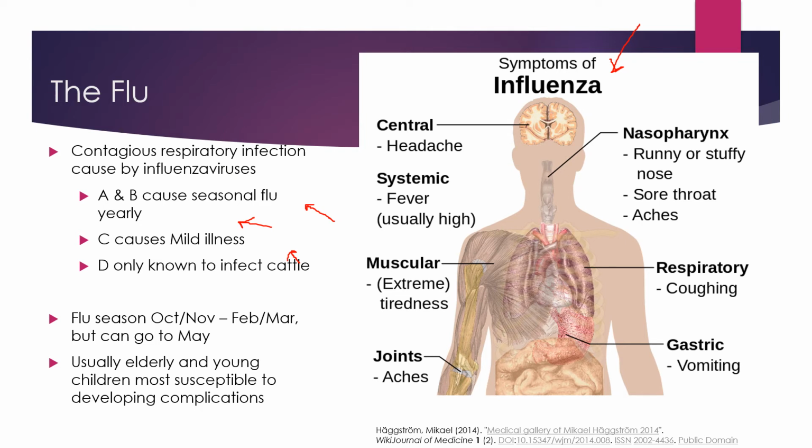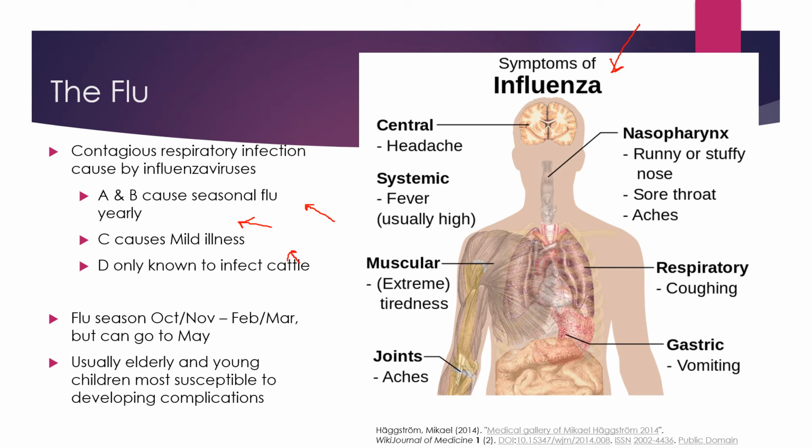Complications are more common in the elderly and young children. People who have other predisposing conditions may also be at risk. Everyone's best option for avoiding complications due to influenza virus is to avoid getting infected at all. Get your yearly flu shot.